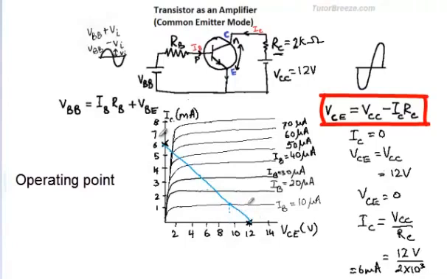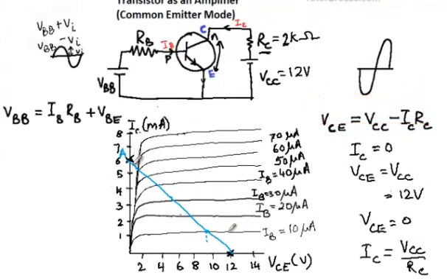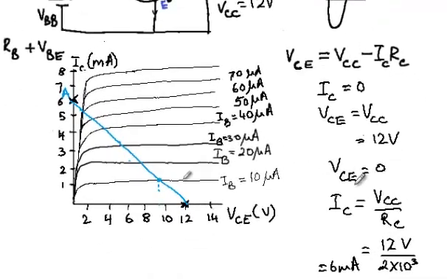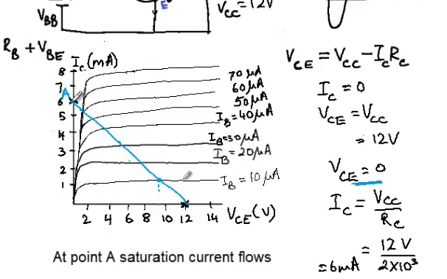Now say I call this point A over here, and if I choose this as the operating point, then at this point VCE is equal to 0, and in this case the transistor is said to be in saturation mode and maximum current is flowing through the transistor. So point A is a point at which the transistor is said to be in saturation mode.